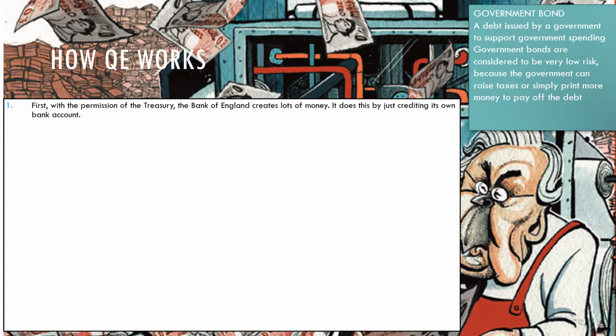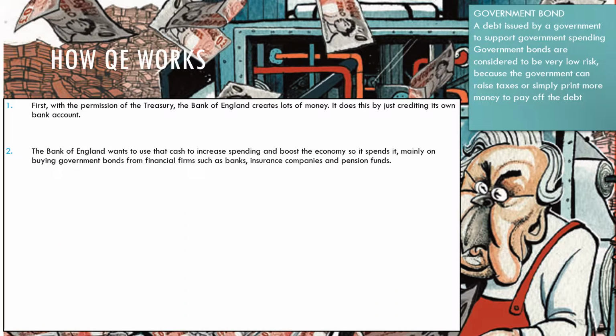The first step is that the Bank of England creates money and adds it to their own account. The Bank of England are the only organization within the economy who can do this, who can just create out of complete thin air their own money.